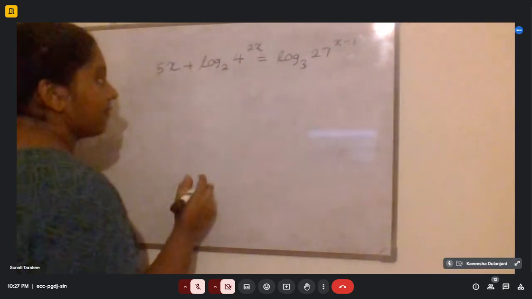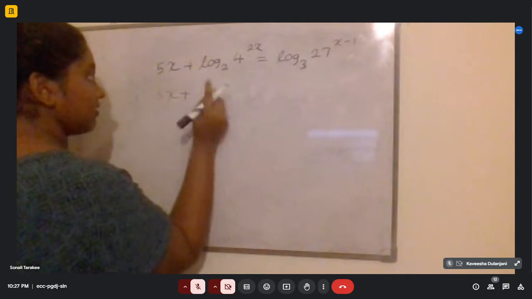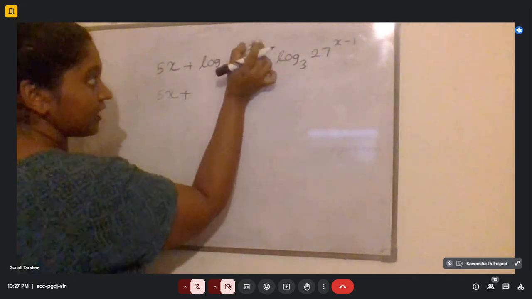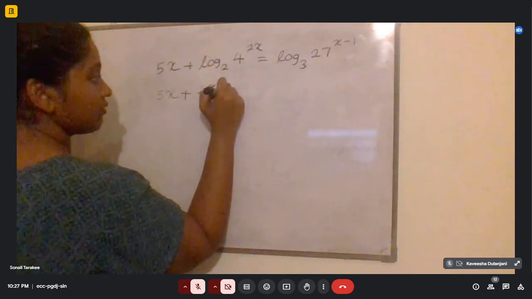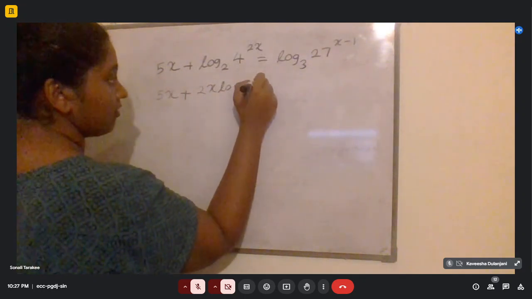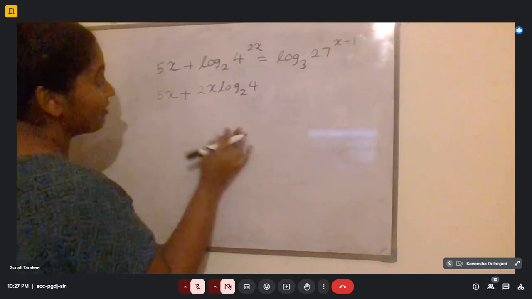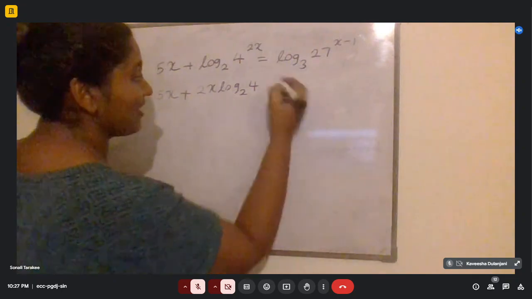You can write it like this: 5x plus, here when you have a power inside, you can take the power in front of the log. That means 2x log 2 to the power 4, log 4 to the base 2. No, log 2 to the base 4. Something like that.